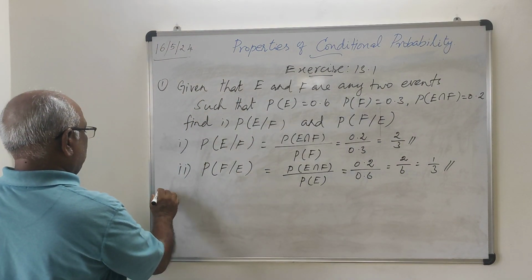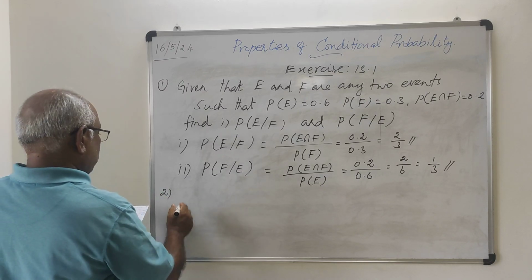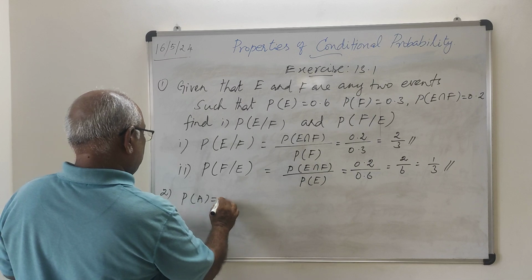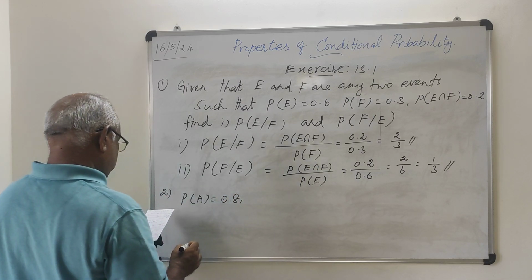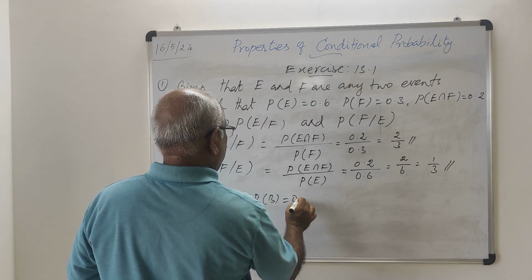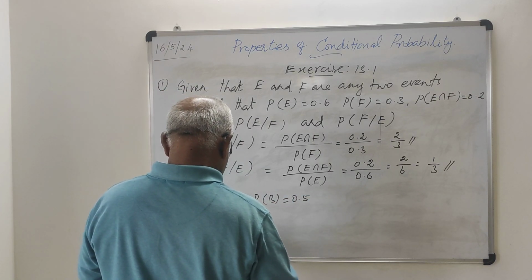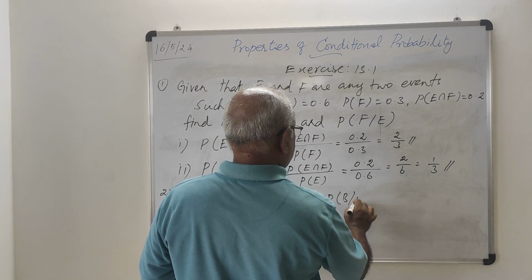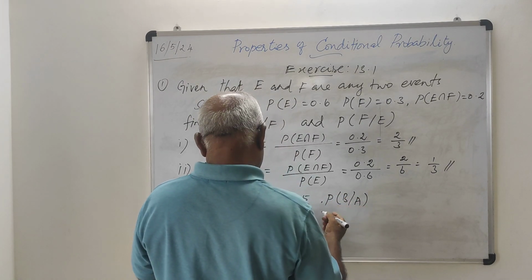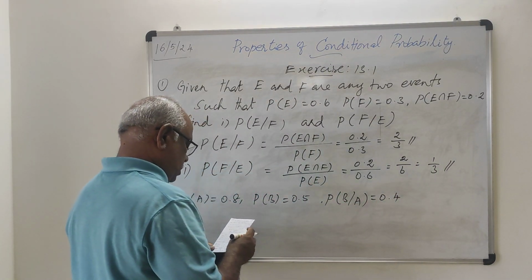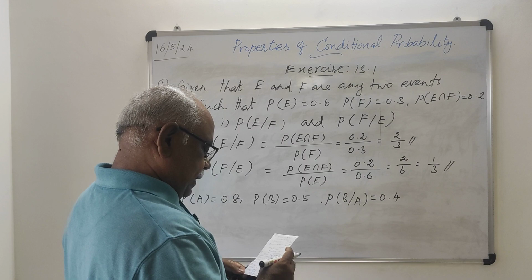Next problem. Given that probability of A is 0.8, probability of B is 0.5, and the probability of B slash A, the probability of event B when A has already occurred, is 0.4.